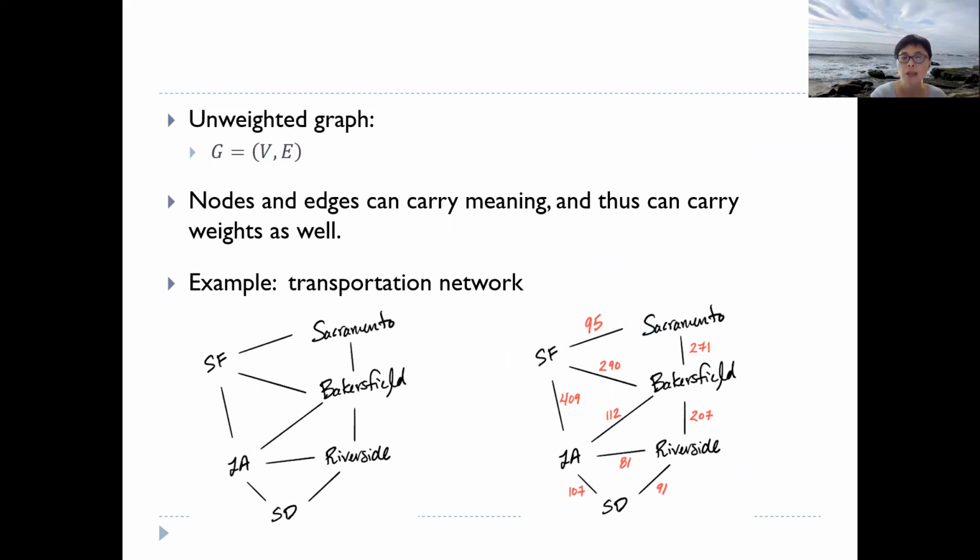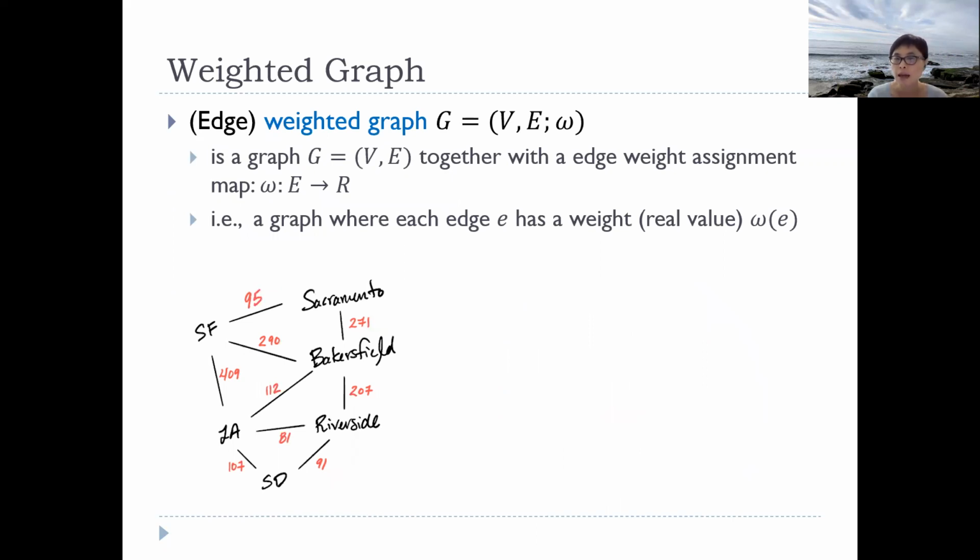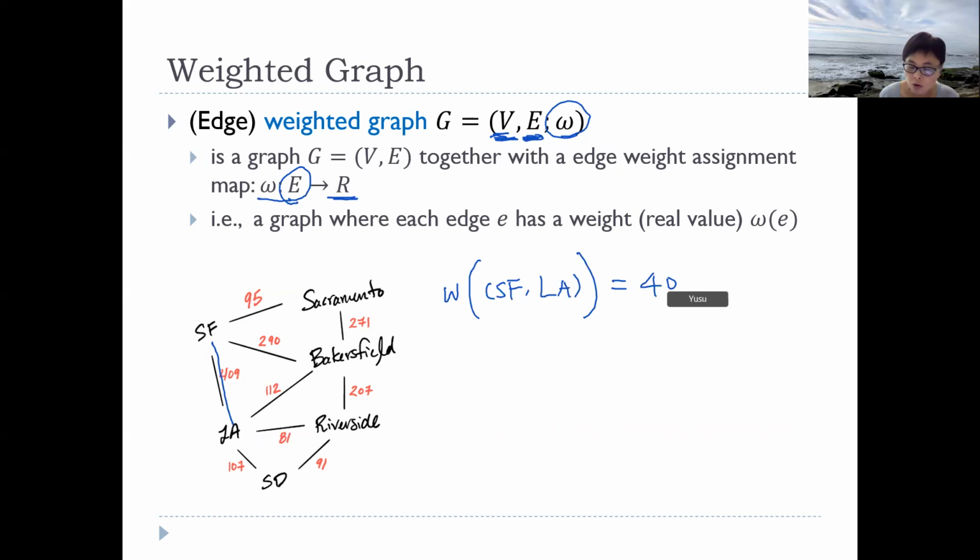More formally, here we're talking about the so-called edge-weighted graph, which is simply a triplet. It has a collection of nodes, a collection of edges, and also an edge weight function, which basically maps every edge to a real value. For example, in this picture, the weight of the edge from San Francisco to LA, that's this edge, is simply 409.